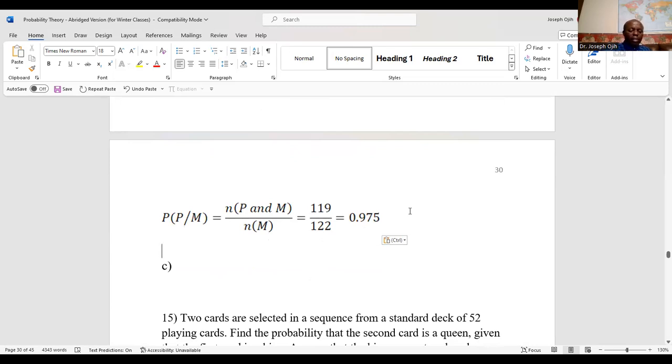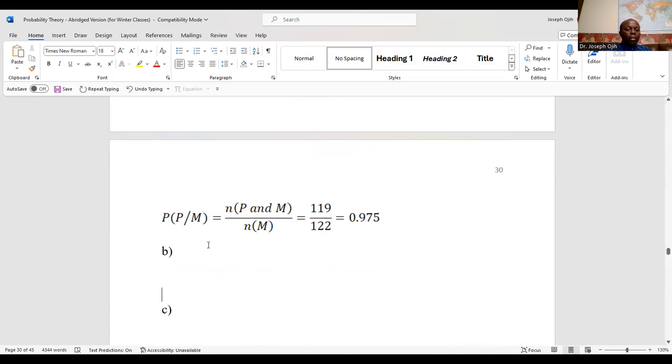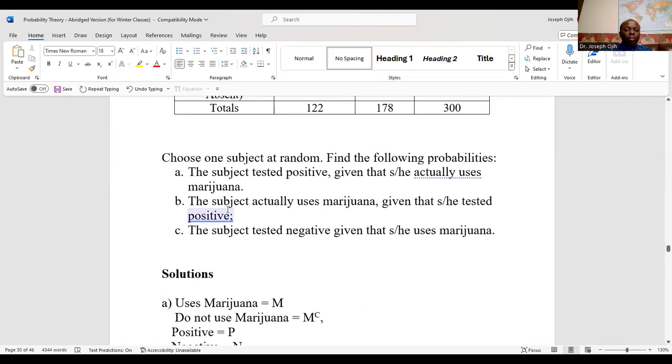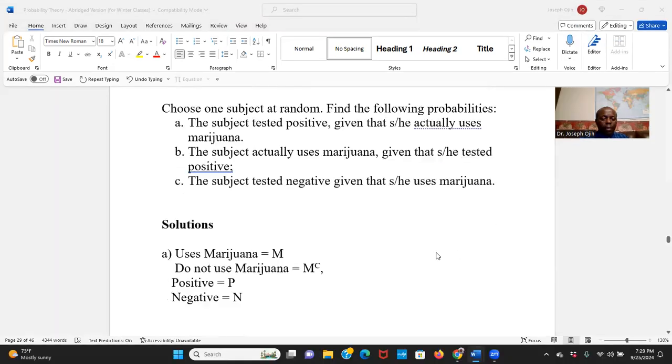Okay, as B says, the subject actually uses marijuana, given that he or she tested positive. Let me see if I can use writing to do this.